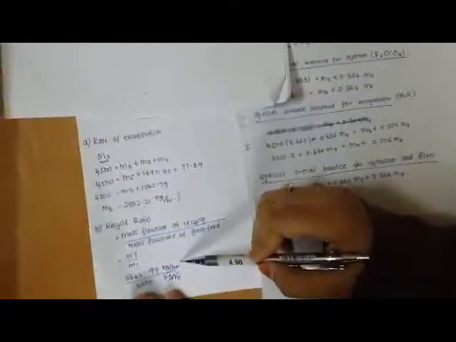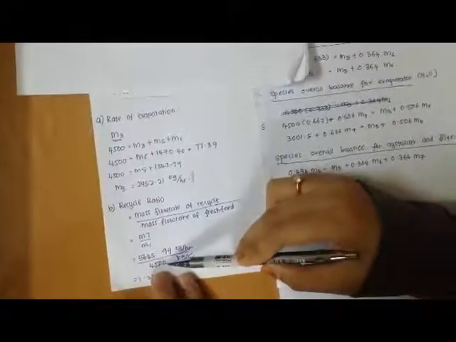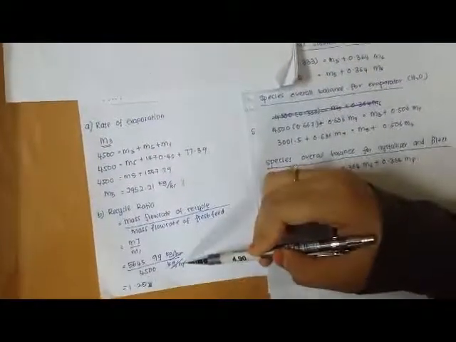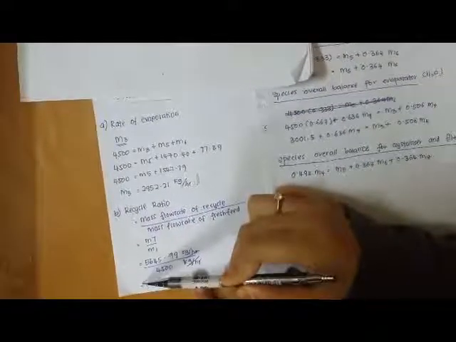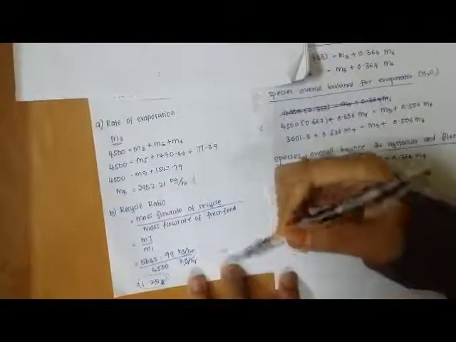So we know the value for recycle M7 is 5645.99 kg per hour. We just divide by M1, 4500 kg per hour. So the value of the total ratio for recycle is 1.25.